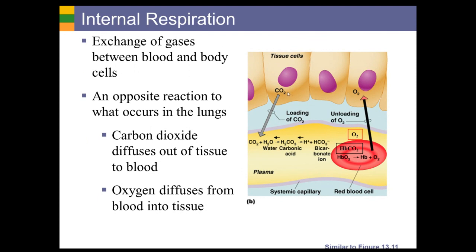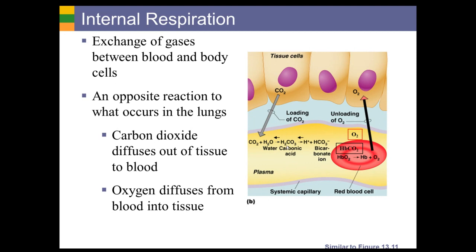Carbon dioxide is loaded from the tissues into the plasma. It combines with water to form carbonic acid, and carbonic acid dissociates into hydrogen and bicarbonate. Now, in the previous slides, I focused on bicarbonate when I was talking about carbon dioxide. I totally neglected to mention that carbon dioxide and water forms carbonic acid, and that dissociation into hydrogen ions and bicarbonate ions means that the greater the amount of carbon dioxide, the lower the pH, right?